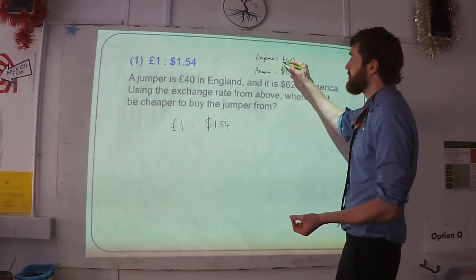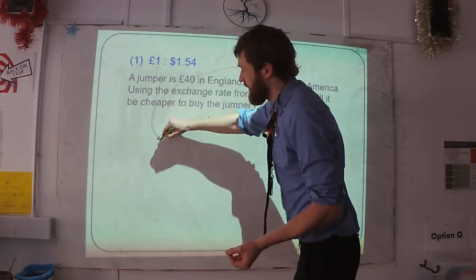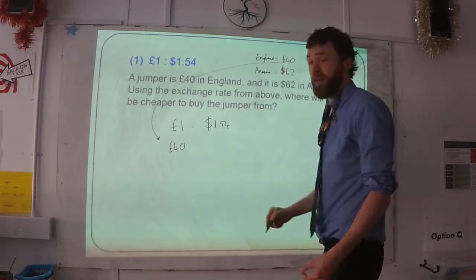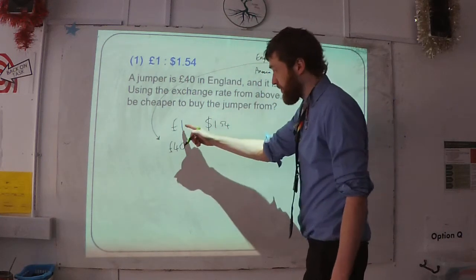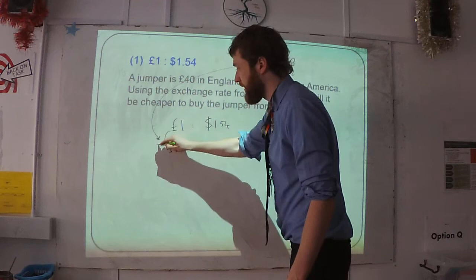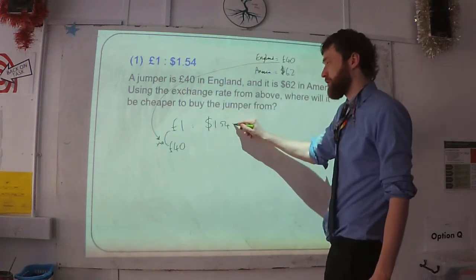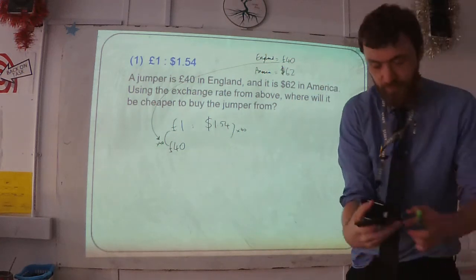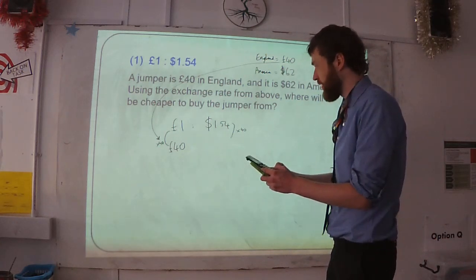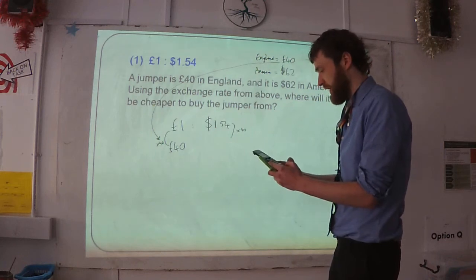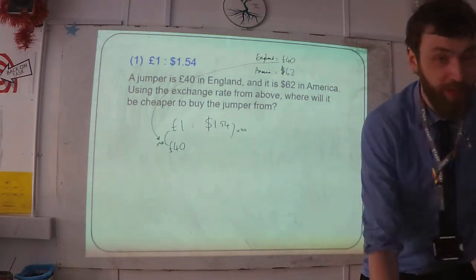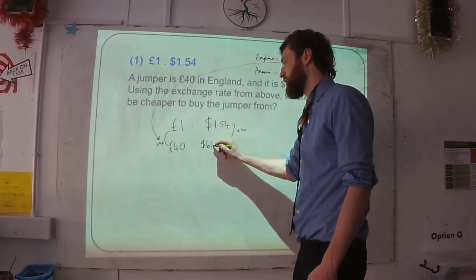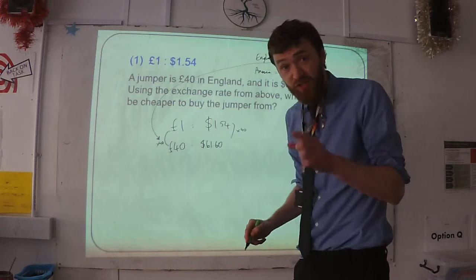So the £40 would go underneath here because it's on the pound section. To get from 1 to 40, I multiply by 40, so I'd also multiply this by 40. Again, I use my calculator: $1.54 times 40 is 61.6, which is $61.60. That's what I need.